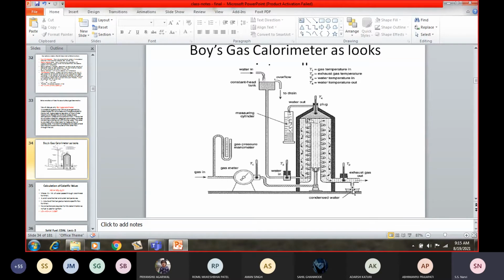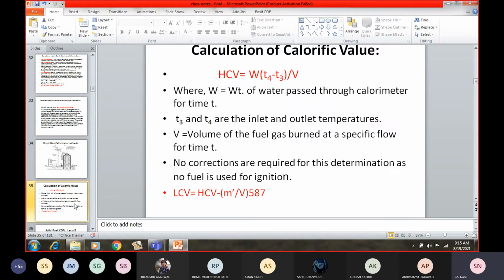So with this arrangement, as I have already told you, it will give you H3V, because water is condensed back to room temperature as liquid water. So it is not LCV, it is H3V. So H3V is equal to capital W.